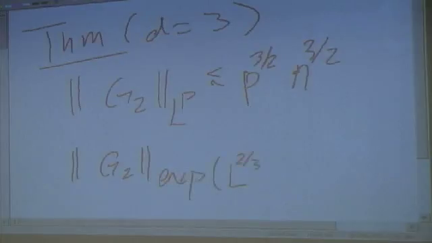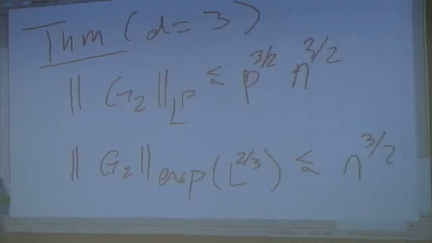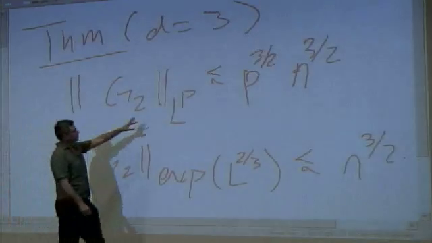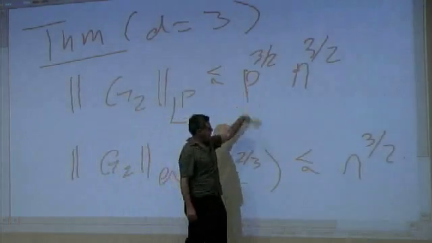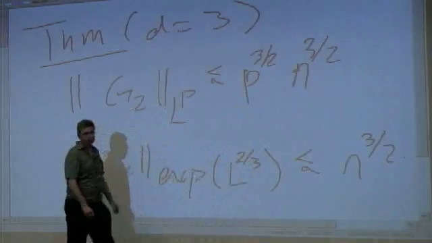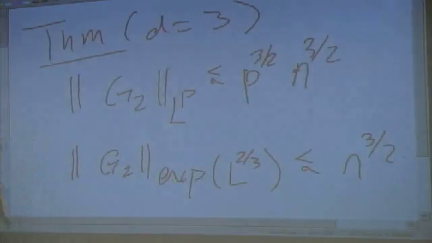This has an equivalent formulation that the norm of G2 in exp L^(2/3) is less than n to the 3/2. As soon as you have growth rate in L^p norms to p to some power, that translates immediately into an exp L norm.